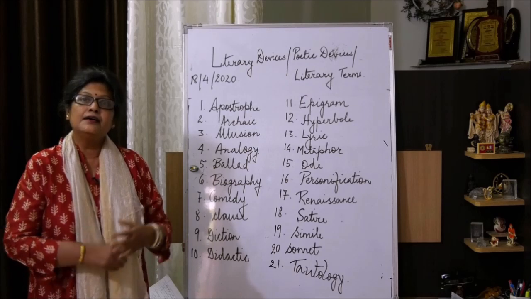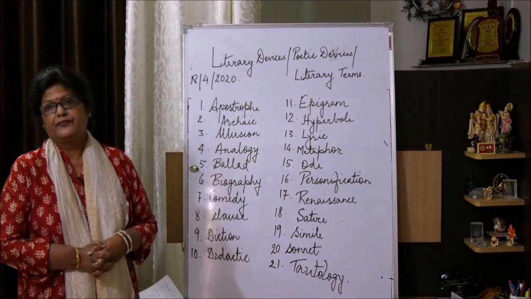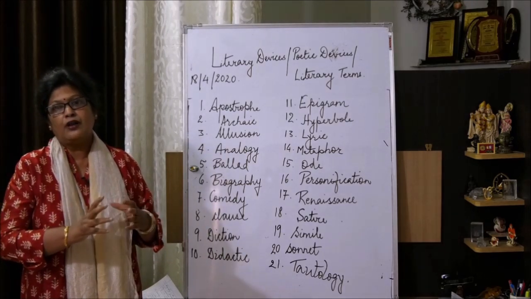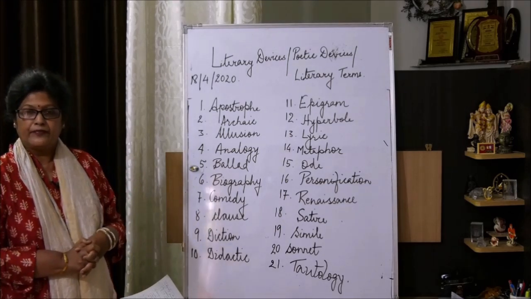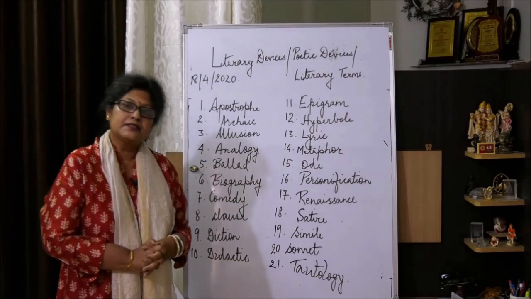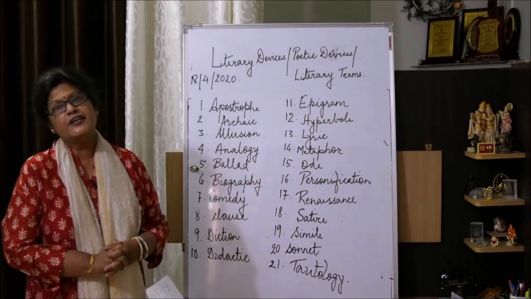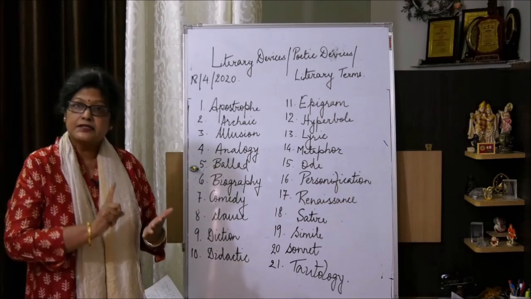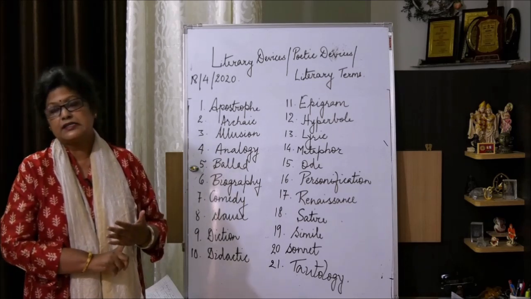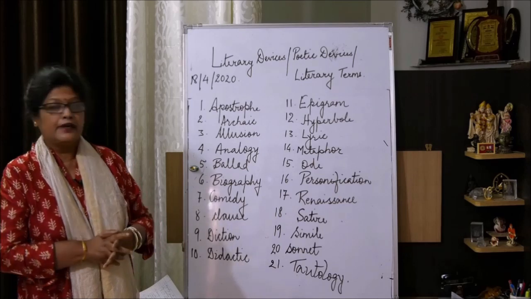Lyric is a type of poem. It is a small, sweet sounding melodious poem. The theme and style of this poem is very simple. And remember, satire has no role in a lyric.